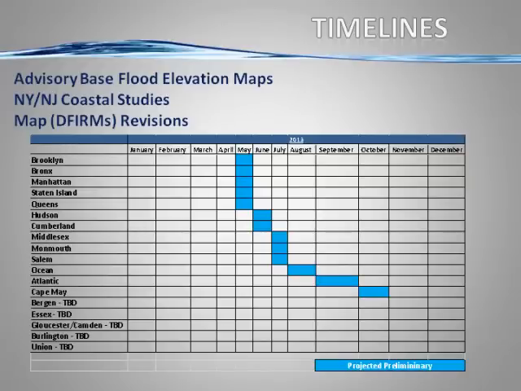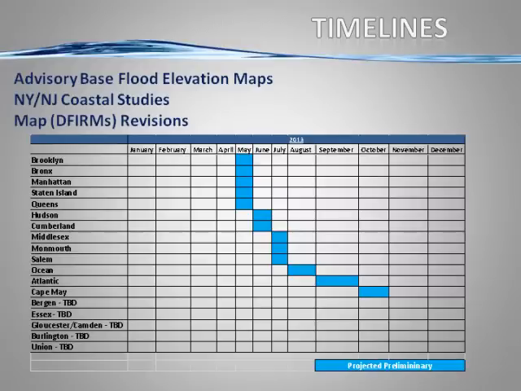So we're just going to talk about the timelines really quick, and then we're going to wrap it up. For the advisory-based flood elevation maps, coastal studies, and the flood map revision, the ABFEs are already out for the state, as you know, and the governor already has adopted those.